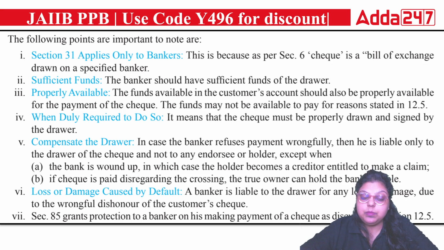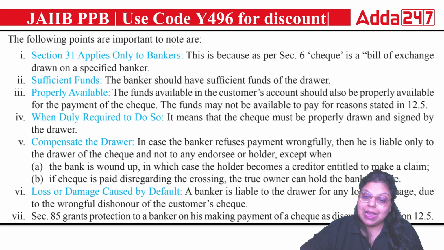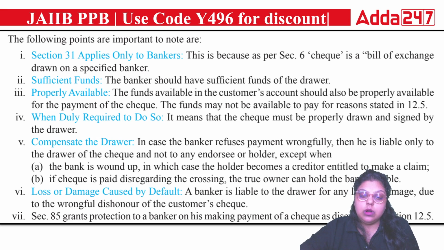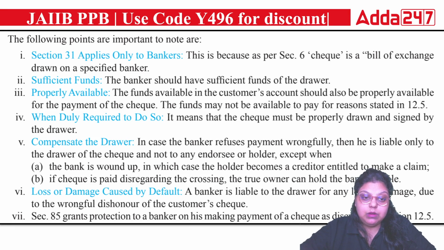And if the check is paid disregarding the crossing, the true owner can hold the bank liable, and the bank has to pay the compensation. For loss or damage caused by default, a banker is liable to the drawer for any kind of loss or damage due to the wrongful dishonor of the customer's check. In that case, the bank will be liable.